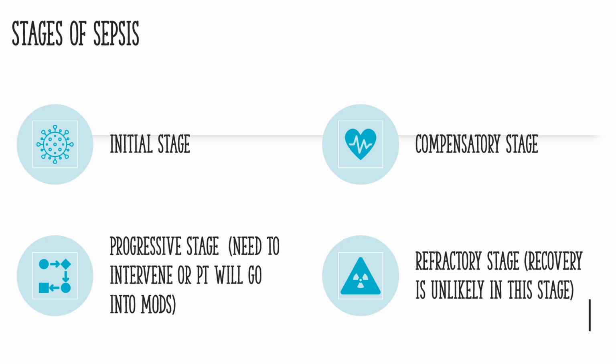In the refractory stage, recovery is pretty unlikely at this point. They're going to have massive decreased perfusion from vasoconstriction, and decreased cardiac output is going to worsen anaerobic metabolism, which is going to increase that lactic acid buildup, which is then going to lead to capillary permeability and dilation, and everything is going to start to leak.